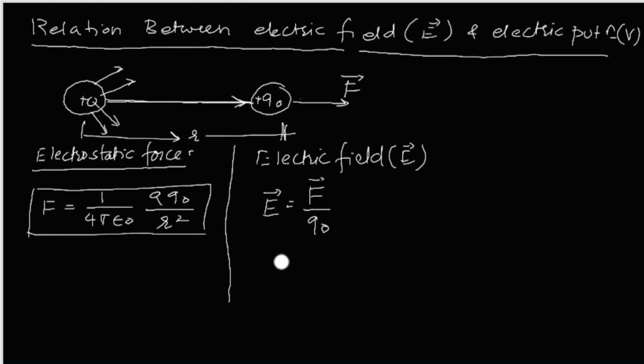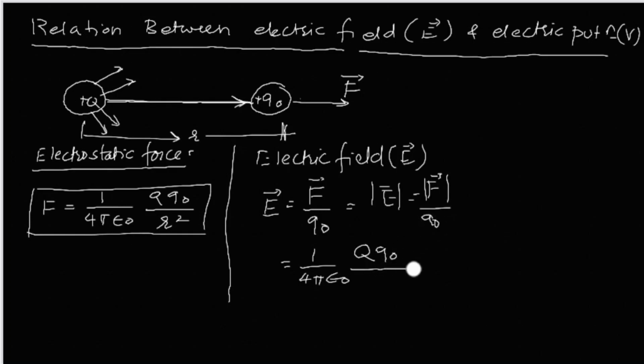So we can write now that the electrostatic force is this much in magnitude. If we are finding E in magnitude, it will be F upon Q0. So I'll write here 1 upon 4 pi epsilon 0 into the two charges, Q is the first charge and Q0 is the second charge, and the distance between them is R square.